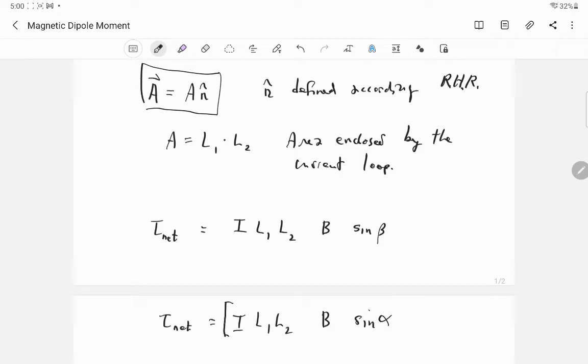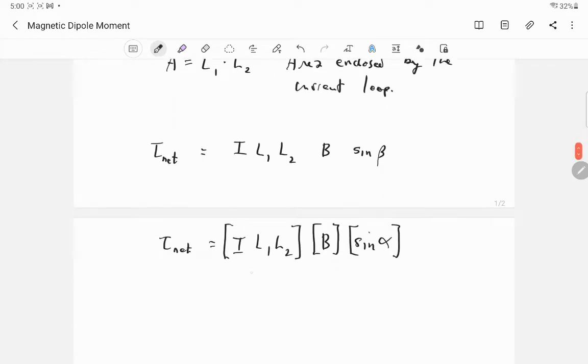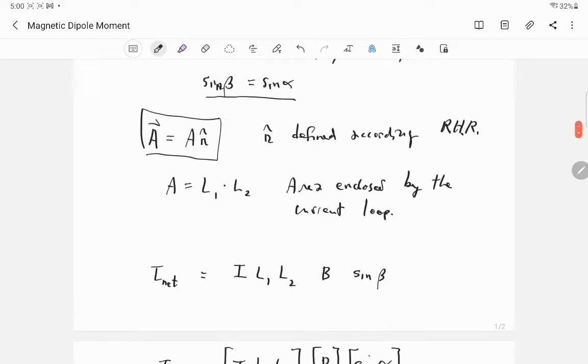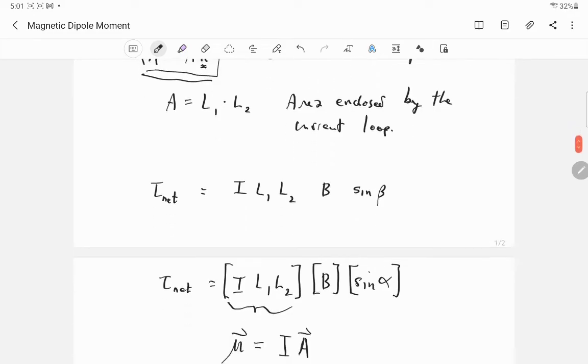And if I look at this, what this looks like is, if I was to define this thing as a vector mu, where mu equals the current times the area vector, where the area vector, I defined it here, it's got the normal direction that's defined by the right-hand rule.